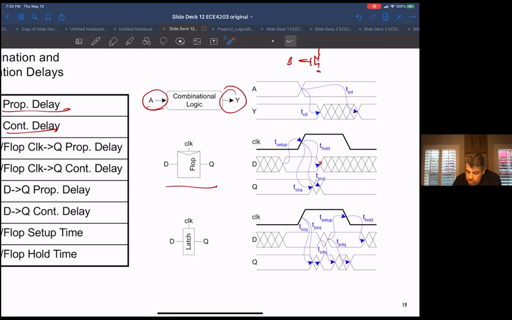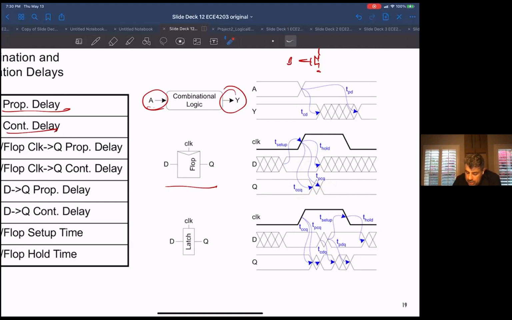If you start messing around with the data here, you're going to get bad data going through. That's called the hold time.